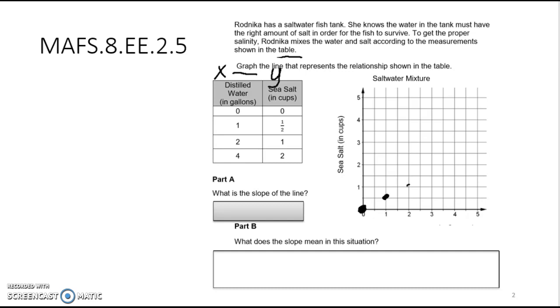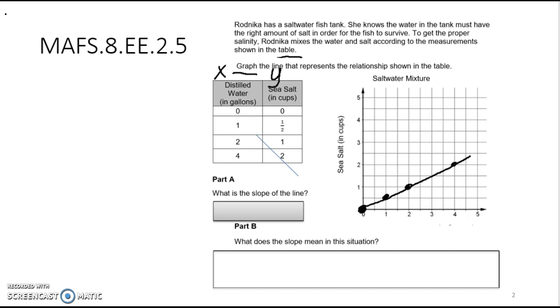Then we go over 2, up 1, and that last coordinate goes over 4 and up 2. So from there, I can create a straight line through here.